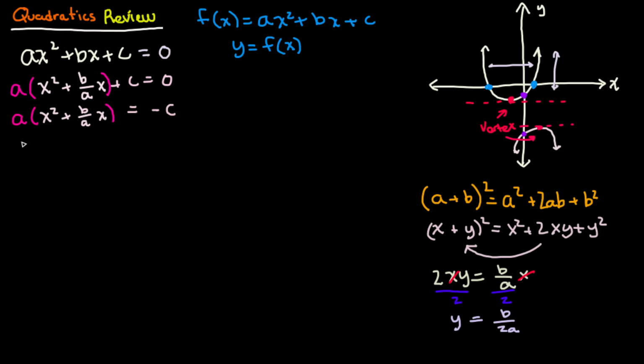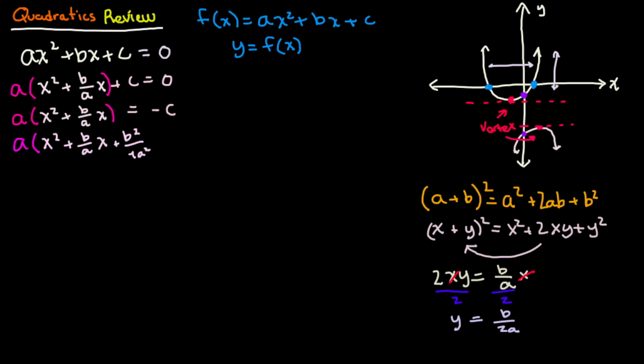Let's do a times x squared plus b over a x, and then we know that y is b over 2a, and we want a y squared term, so we just add the quantity b over 2a squared, and that'll be b squared over 4a squared.